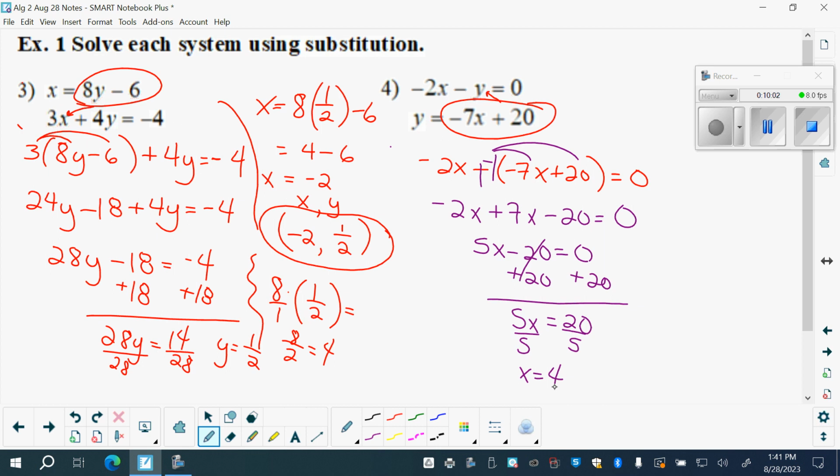So what would be the easiest way to find y, Emily, do you know? Would the first equation be easier or would the second equation be easier? Yeah, because the y's by itself. Good. So we're going to use the second equation and substitute the 4 for the x.